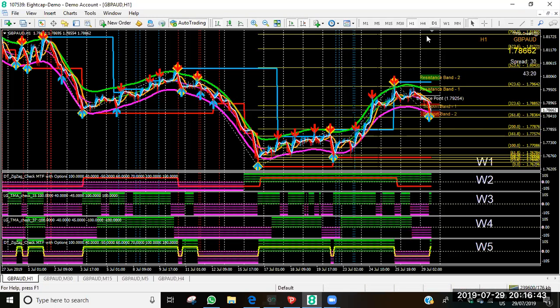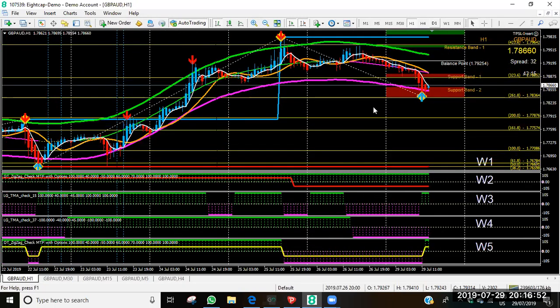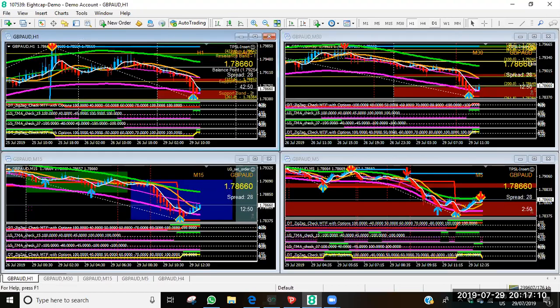So we don't really need to create it. The little changes I've made to it are just to filter out the ones that go sideways and take forever, because we really want the ones that stand out. Ones where multiple time frames say the same information.